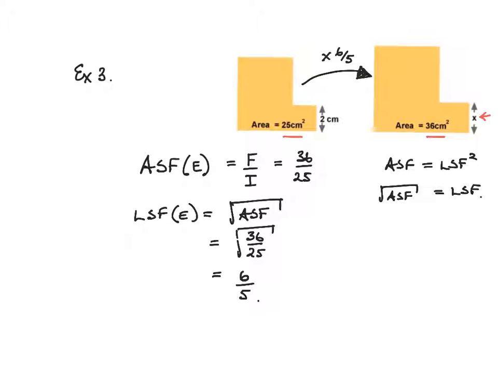So that means that 6 over 5 times 2, that's the smaller length, equals x. 6 over 5 times 2 is 12 over 5, and 12 over 5 is 2.4 centimetres.